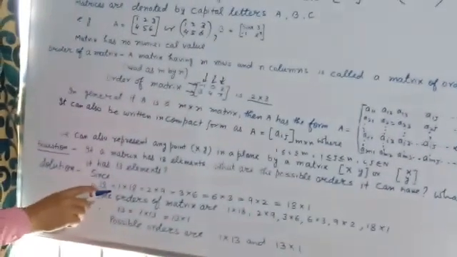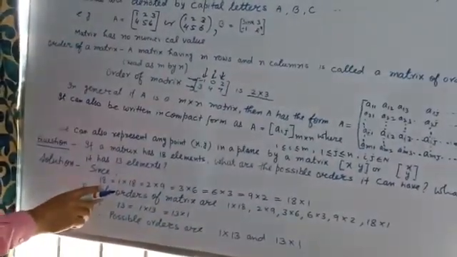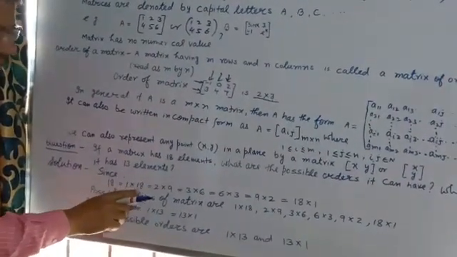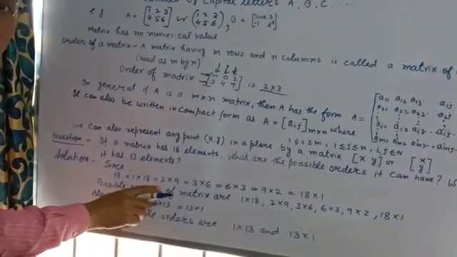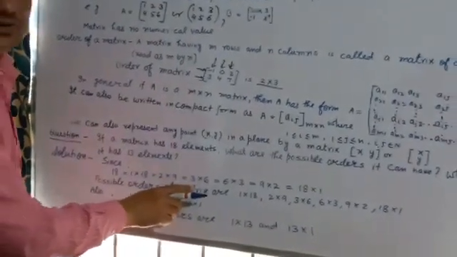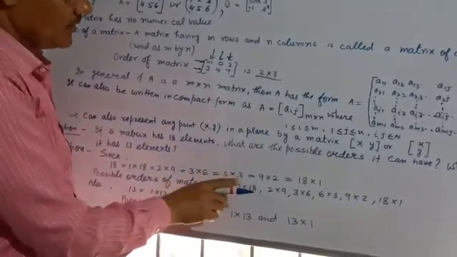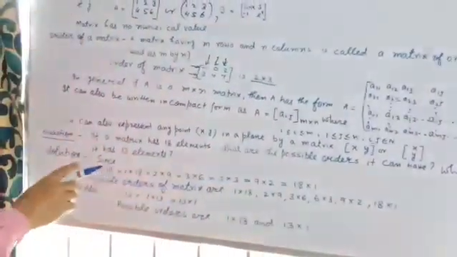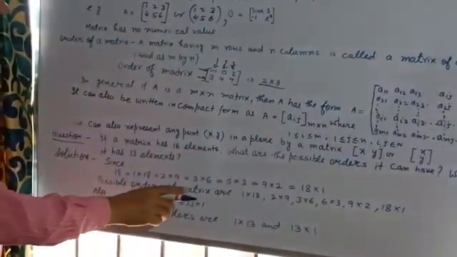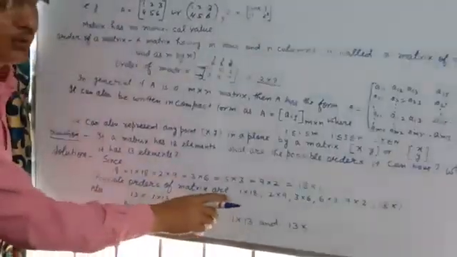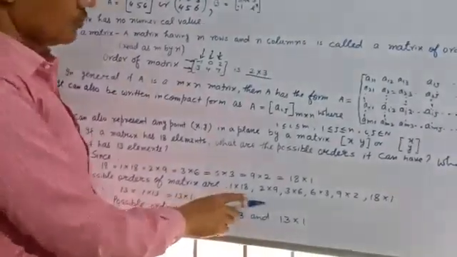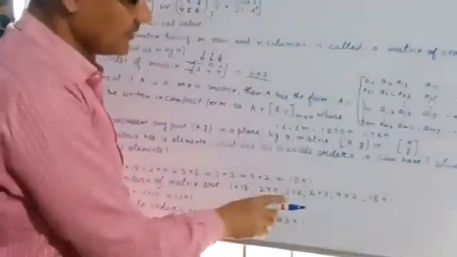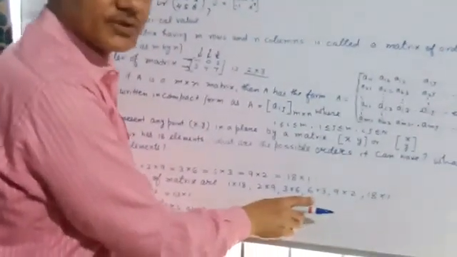Now, since we know, we can factorize 18 as 1 by 18, 2 by 9, 3 by 6, 6 by 3, 9 by 2, 18 by 1. Therefore, possible orders of the given matrix are 1 by 18, 2 by 9, 3 by 6, 6 by 3, 9 by 2 and 18 by 1.